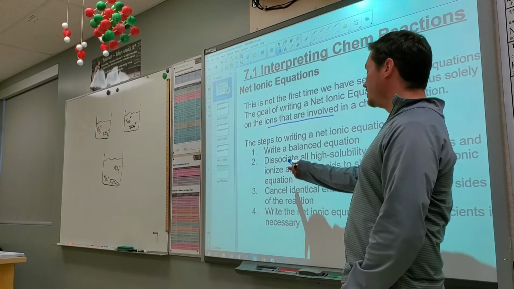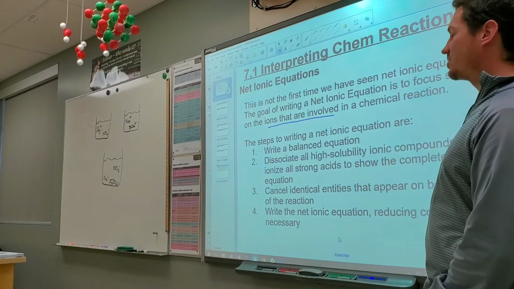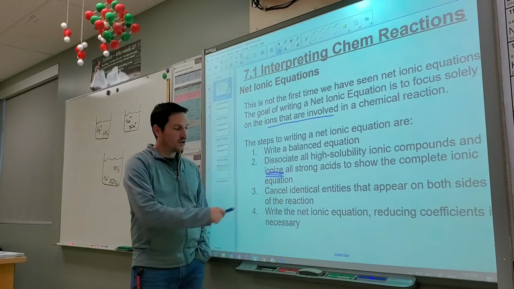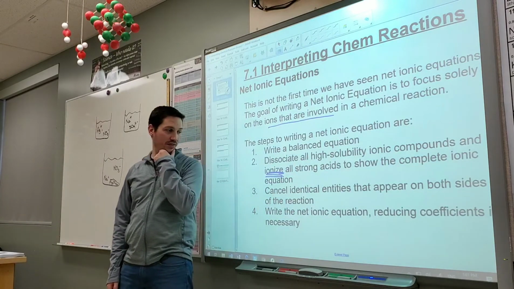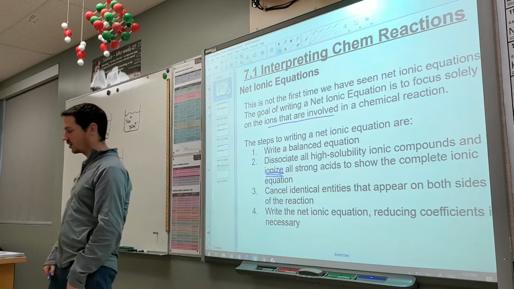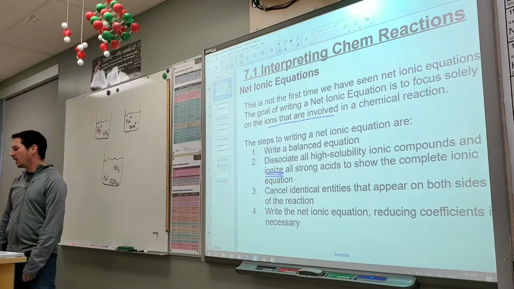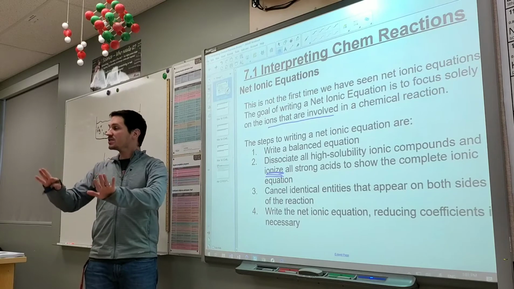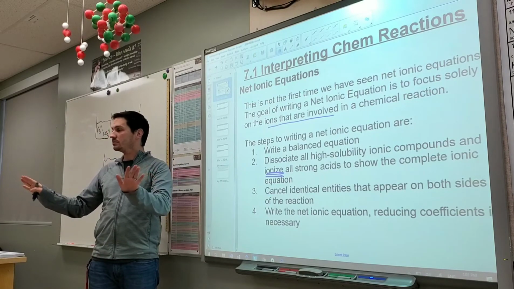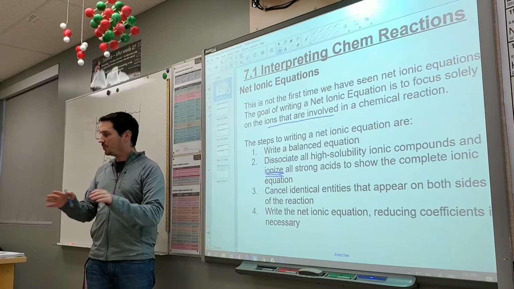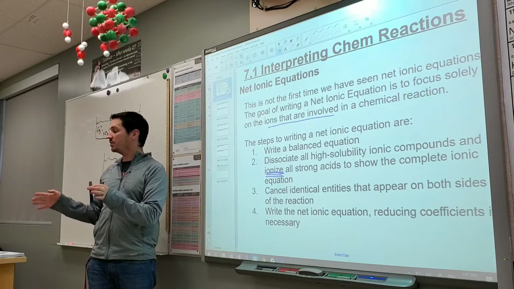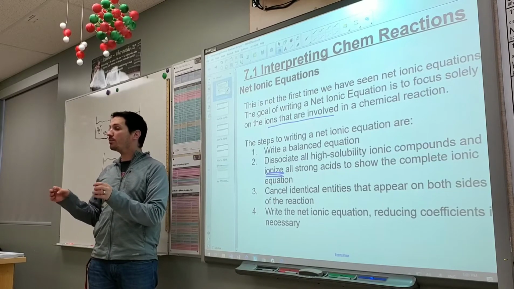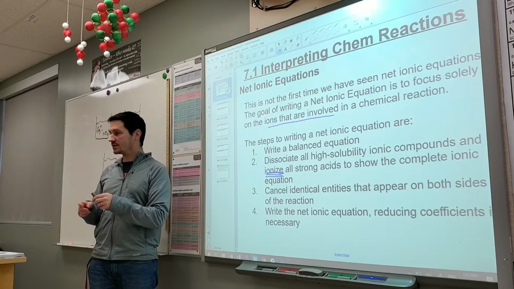Step number 2, dissociate all highly soluble ionic compounds and ionize all strong acids to show the complete ionic equation. Basically what step number 2 is saying is, if it will split up, split them up. Because I want you to look at your table of acids and bases again. Does hydrobromic acid actually exist in water?